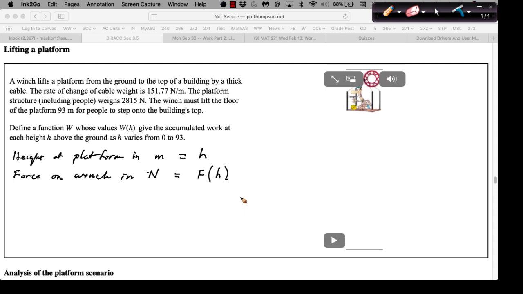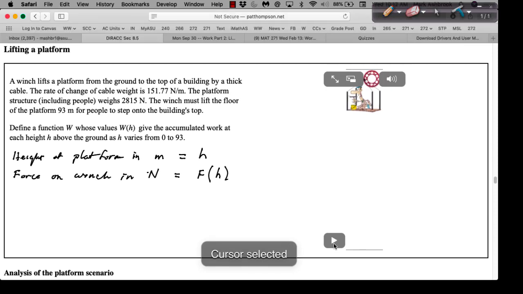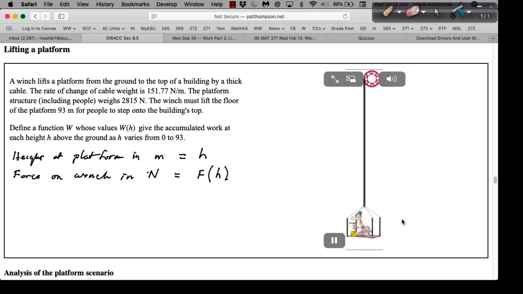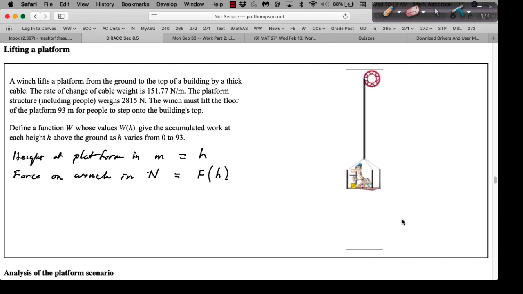Why will it change? Why will the force on the winch change? Yeah, is the cable weight changing? What is changing that creates a variable force on the winch?